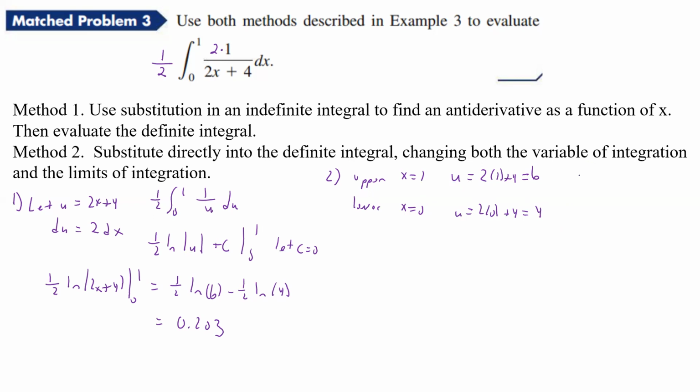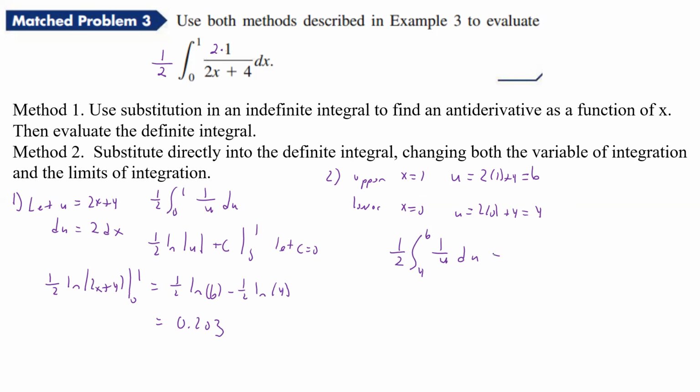Okay. And so now the rest of the substitution is all going to look the same. We're saying that our u's are now our new variables instead of x's. And so now we integrate, and that changes over to 1 over u du, and now we're going from 4 to 6. Okay.